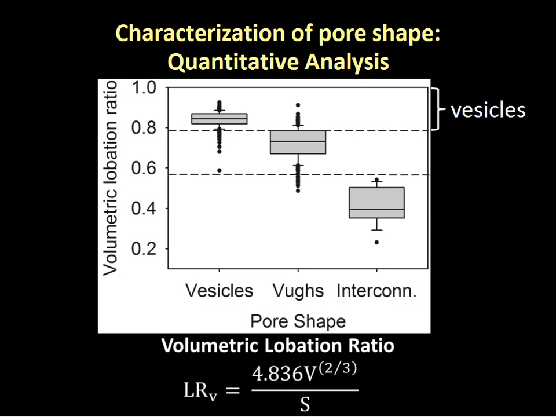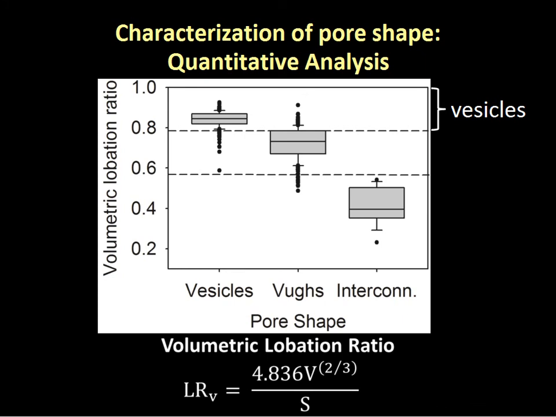It's called the lobation ratio. Basically it's an index of how spherical a shape is, based on the ratio between its surface area and its volume. So what I did was I went through one of my samples and identified the pores visually as vesicles, bugs, or interconnected.